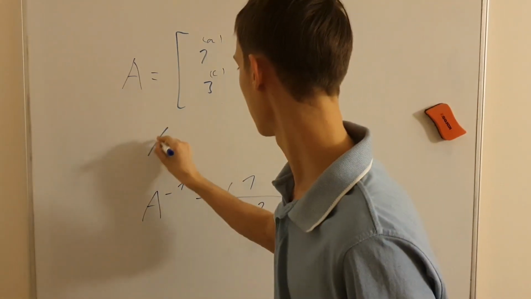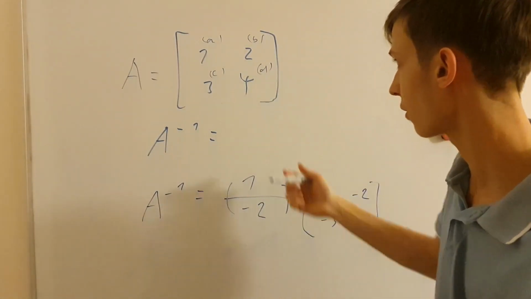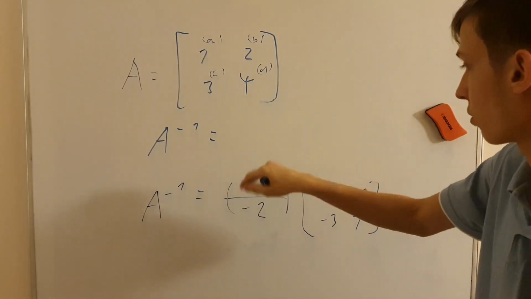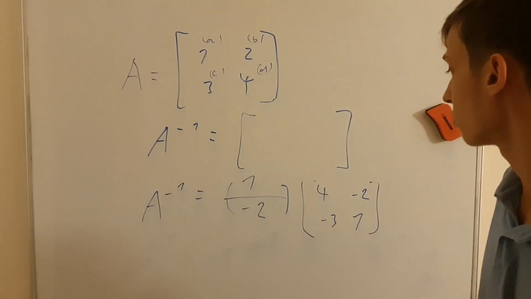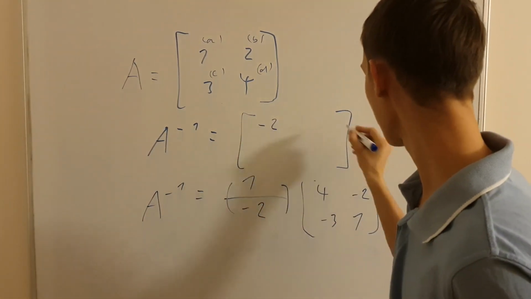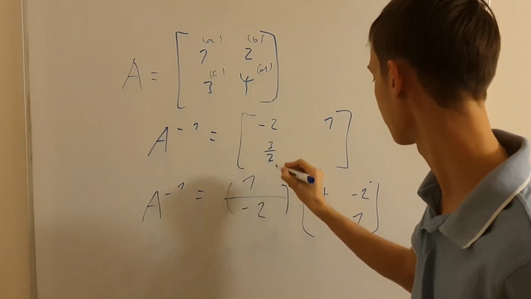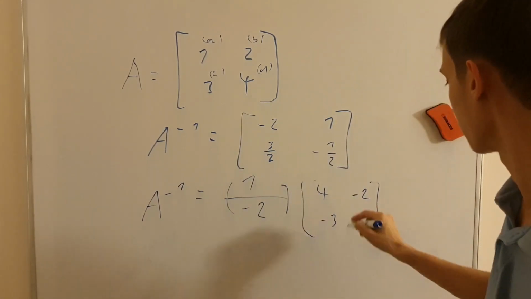So A to the -1, which is the indication of the inverse of the matrix A, well, that will be this thing, multiplied by this constant multiple. So I will take each entry, and when multiplying by the constant multiple, each of these 4 entries will be multiplied by it. So it's -2, this becomes 1, this becomes not that nice, 3 over 2, but still quite good. And this becomes exactly what the multiple was, because this is 1.